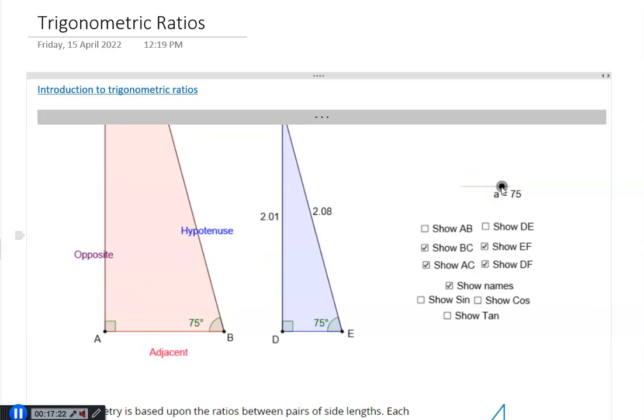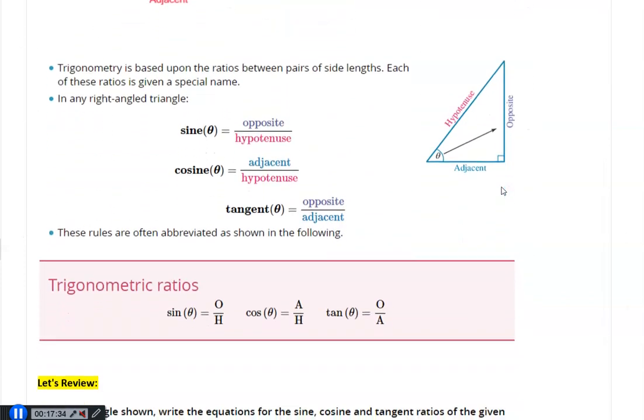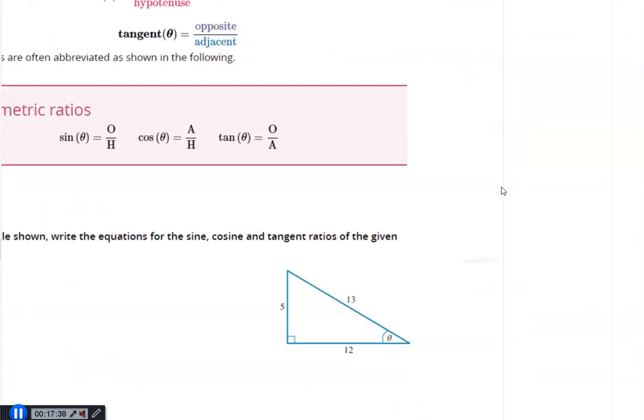Now, why is that useful? Because it allows me to find information about that triangle that I don't already have. For example, let's have a look at an example. On your books, could you draw this triangle for me, please?